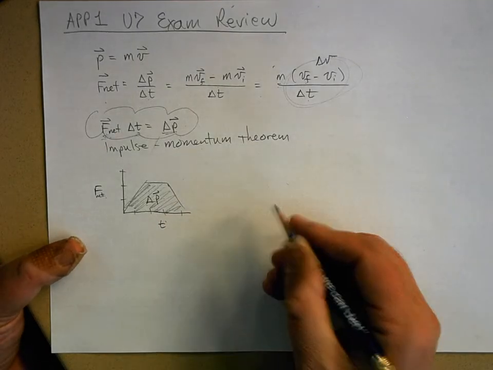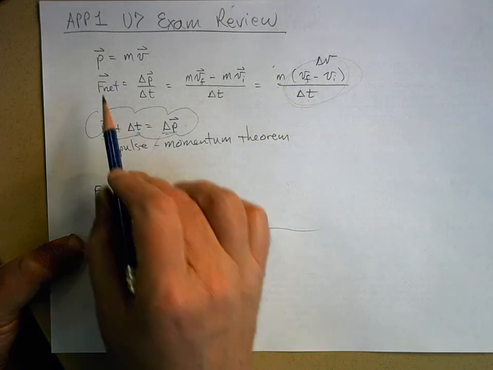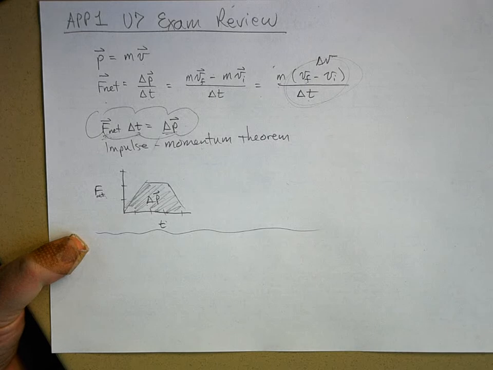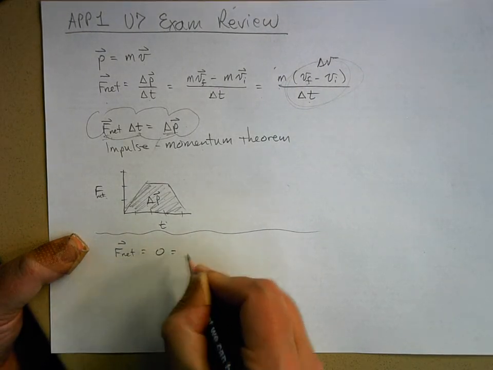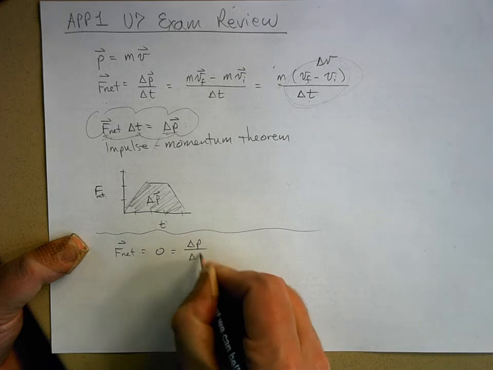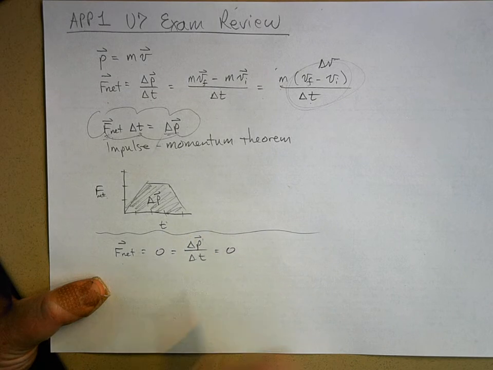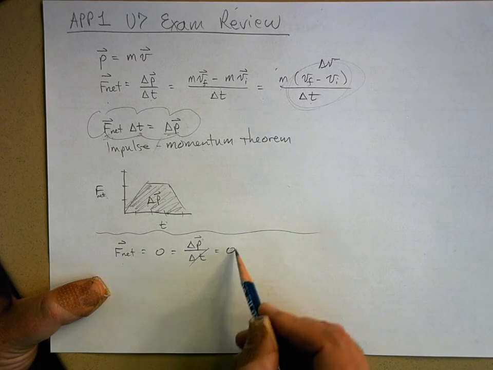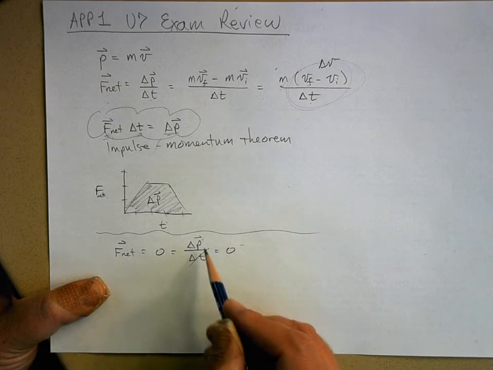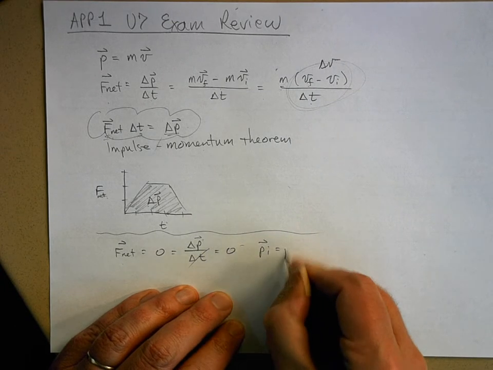Now, what if the net force acting on your system is 0? If the net force is equal to 0, that means delta p over delta t is equal to 0. The net force is equal to the rate at which momentum changes. That means momentum isn't changing. So if delta p equals 0, you multiply both sides by delta t, and you get p initial equals p final.